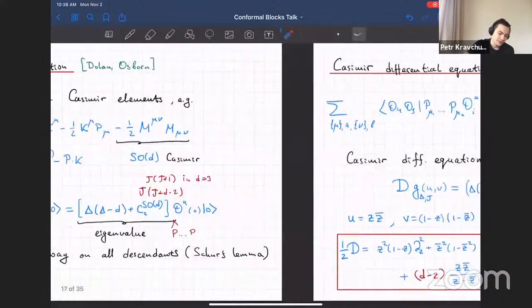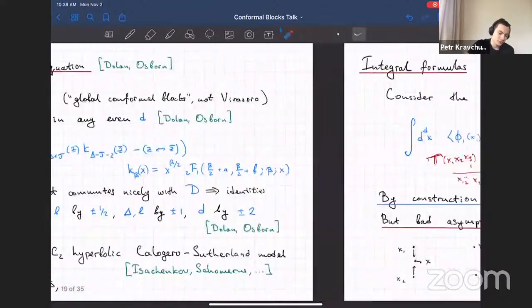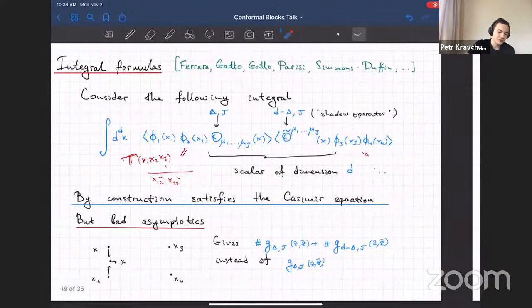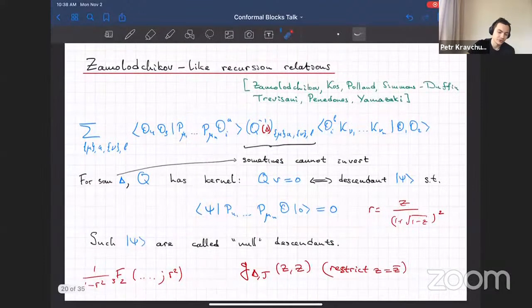The easiest way to see why you might care about this variable is that if you take the limit Delta goes to infinity, then the conformal block has asymptotics r to the power Delta. There's this formula, there's also r to the power Delta here.